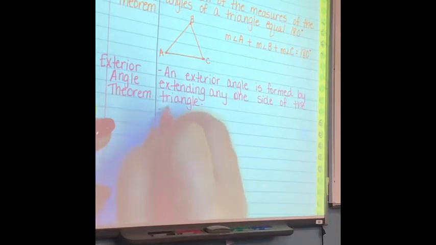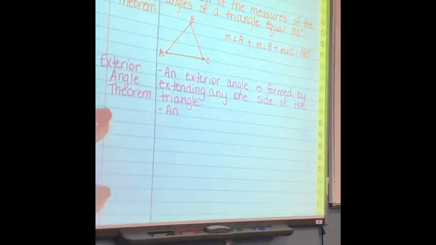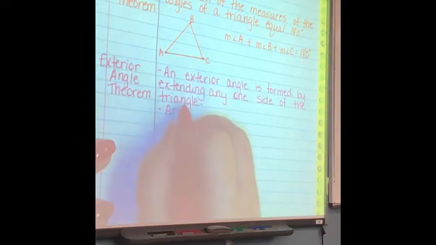So the theorem says an exterior angle is always equal to the sum of the two non-adjacent interior angles.